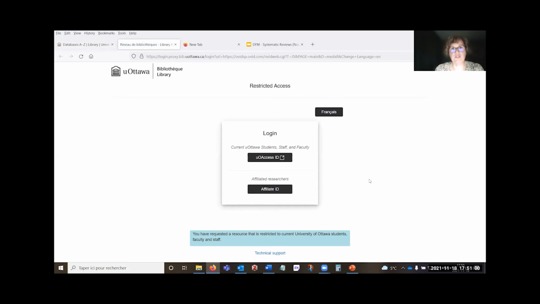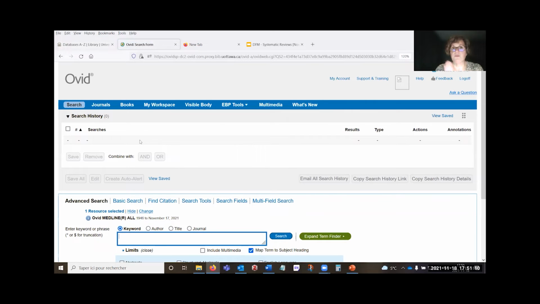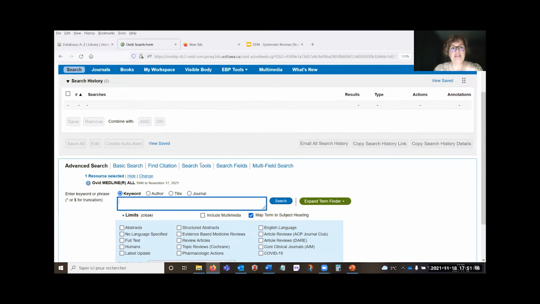So I will click on Medline on Ovid. And yes, of course, it's asking me for my login information. Why do I go there instead of PubMed? It's a personal preference, but I like using it to do demonstrations because it helps me explain things to you guys.